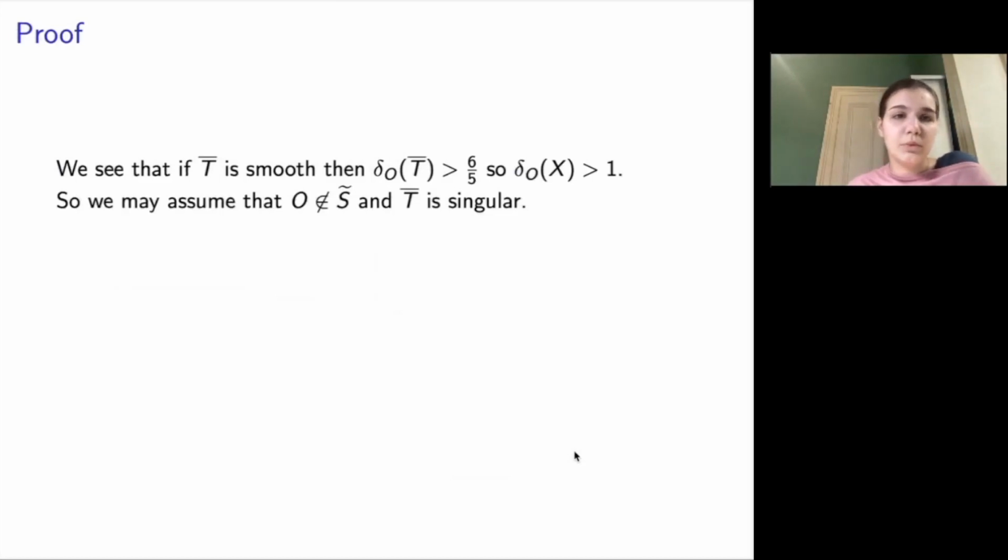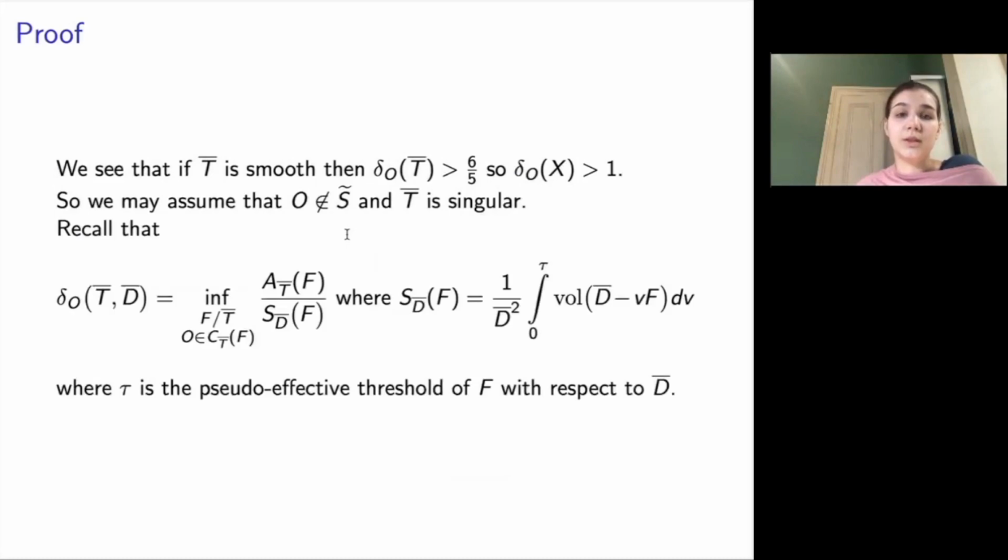So what is our proof? We see that if the Du Val del Pezzo surface T bar is smooth, then, as I mentioned before, the local delta invariant is greater than 6/5. So the global delta invariant will be greater than 1 directly. Now we assume that the point O does not belong to tilde S, and our Du Val del Pezzo surface is singular.